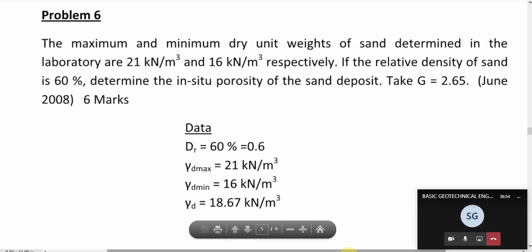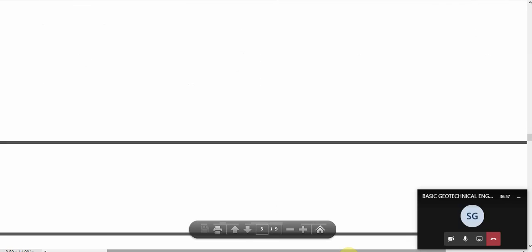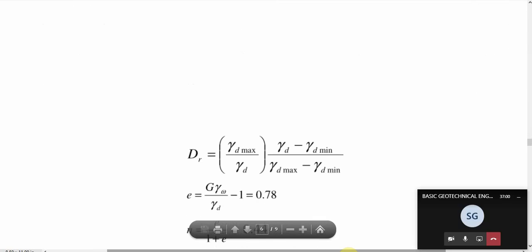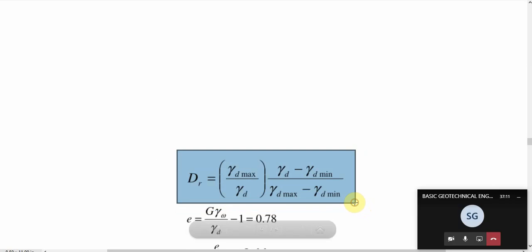Relative density is given by this equation: gamma d max divided by gamma d, into gamma d minus gamma d minimum divided by gamma d max minus gamma d minimum.